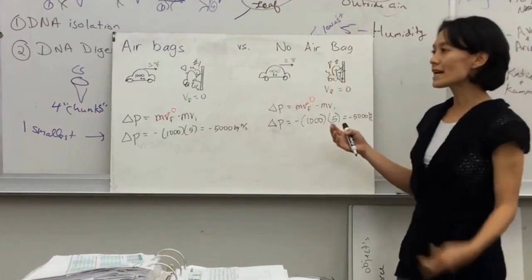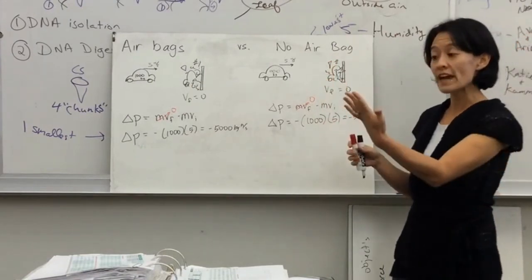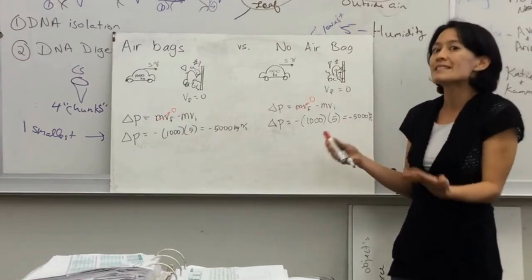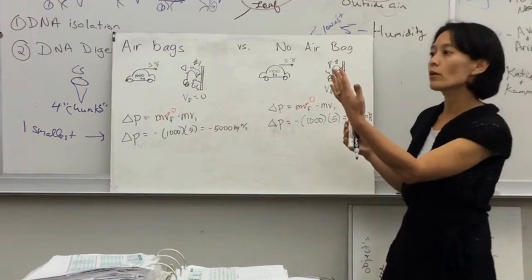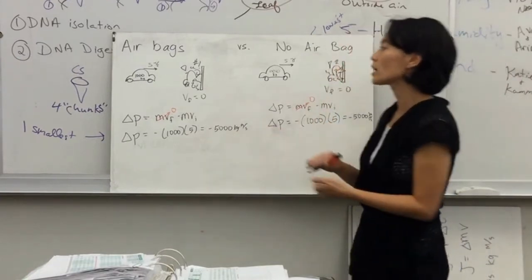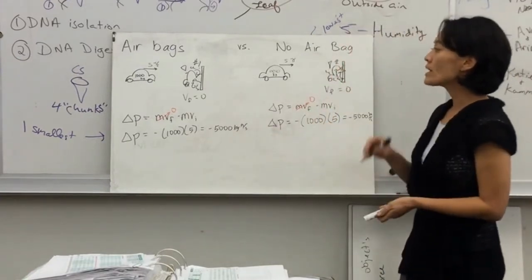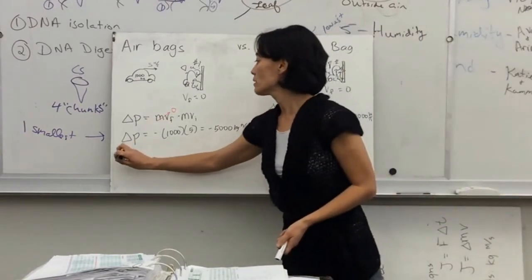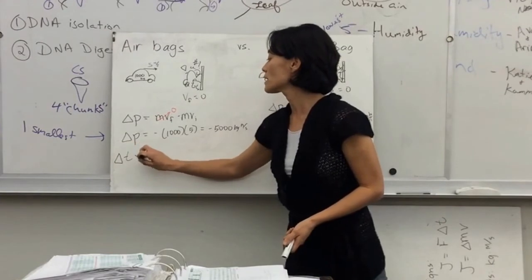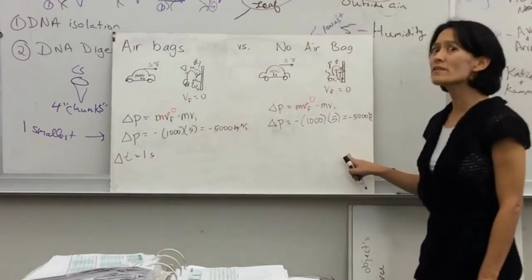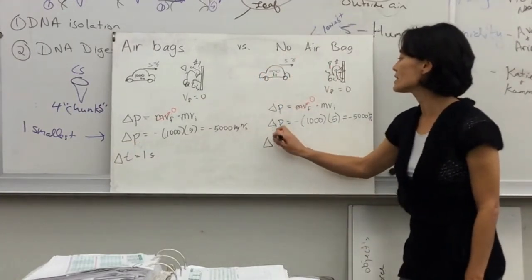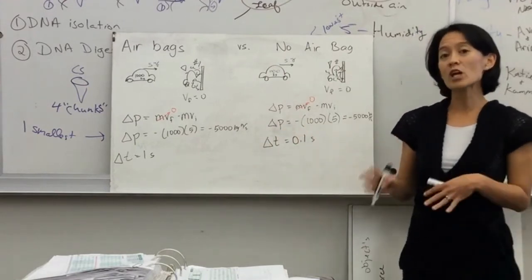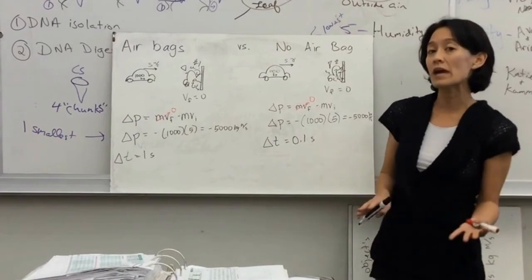So instead of your face hitting the steering wheel in a split second, it takes a good solid second for your face to go into the airbag and come to a velocity of 0. So the impact time with an airbag, my delta t, is like 1 second, whereas if I don't have an airbag, my delta t is only 0.1 second. The airbag increases the impact time.